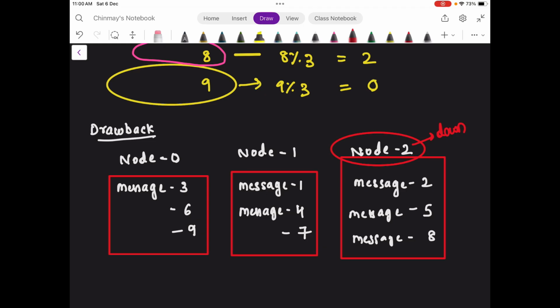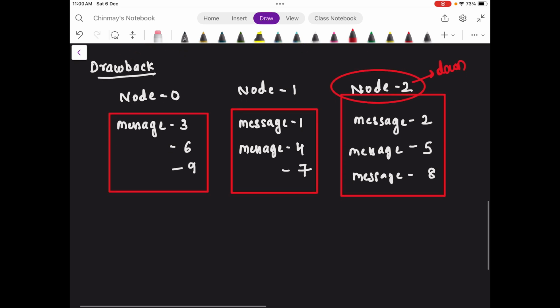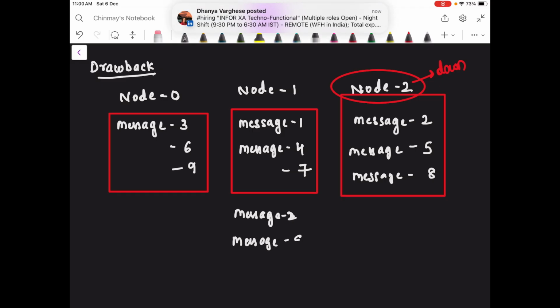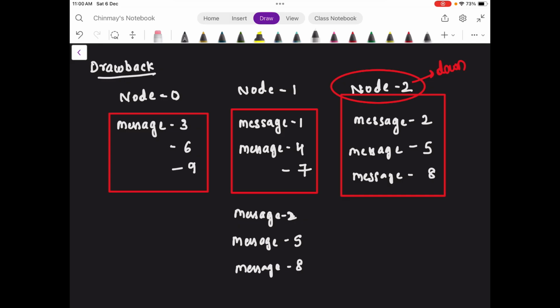For example, these messages are transferred to node 1: message 2, message 5 and message 8, because node 2 is down.